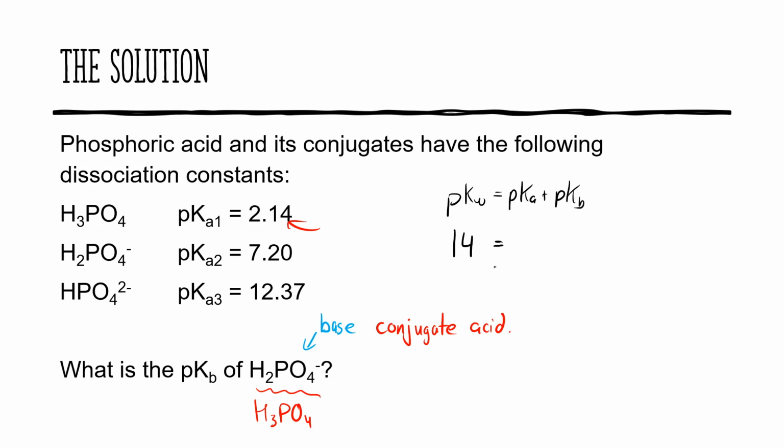The pKa is the new thing here. The pKa is that 2.14. We're adding the pKb. And when we solve that, we're going to come out with a pKb of 11.86. So 11.86 for the pKb of H2PO4-.